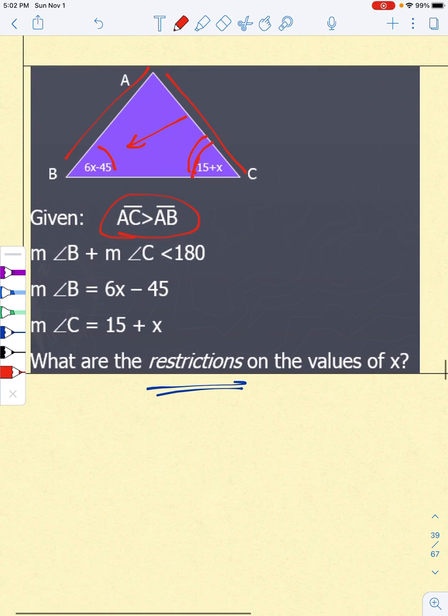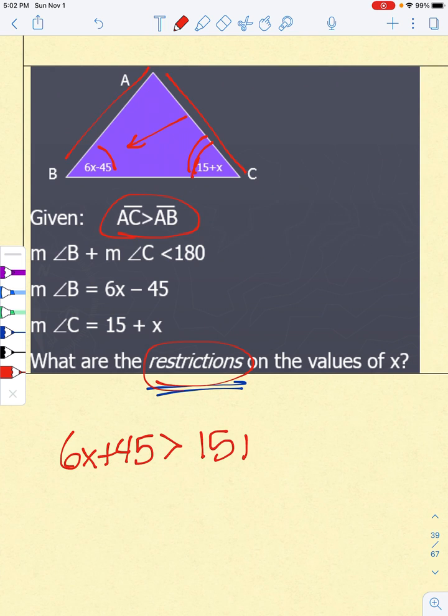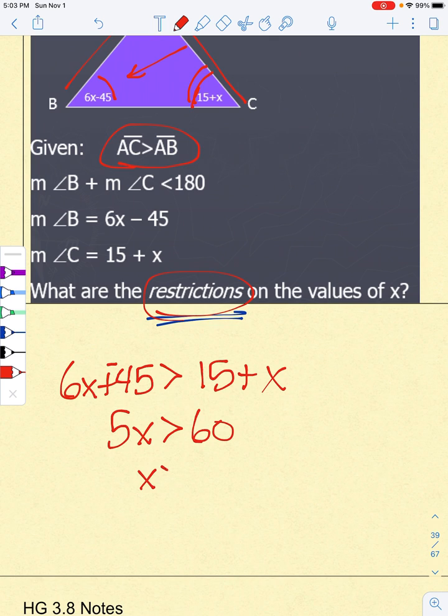So when we write out what the restrictions are, then we say, 6x plus 45 must be greater than 15 plus x. And then we do our little algebra. Guess that was a negative 45. 60. And so x is greater than 12. So x has to be greater than 12.